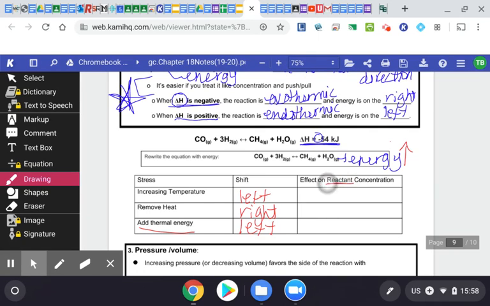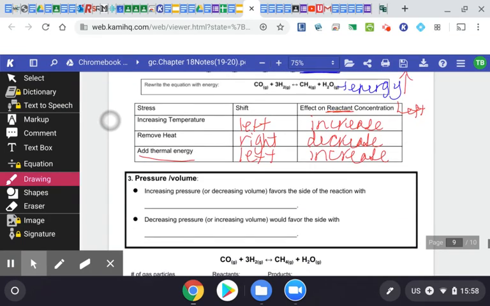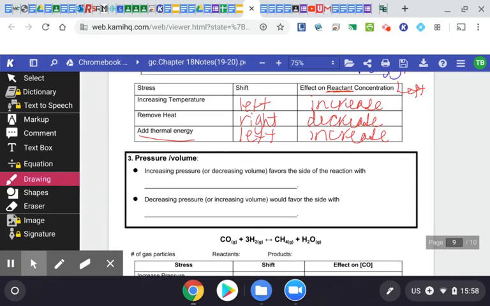Now my reactants are on the left-hand side. So whenever I shift to the left, my reactant concentration is going to increase. So anytime I see left, it's going to be increase. Anytime I move to the right side, I'm moving away from the reactants, so that is going to be a decrease in reactant concentration.